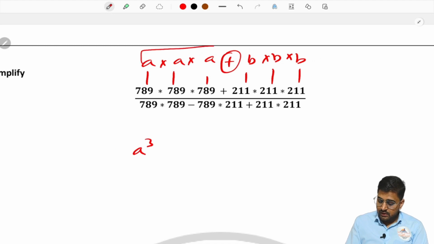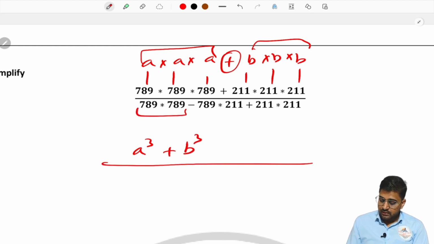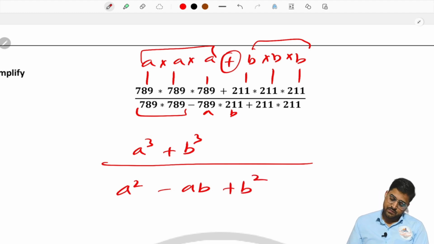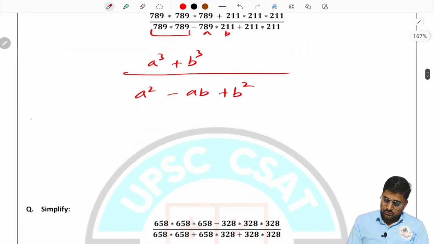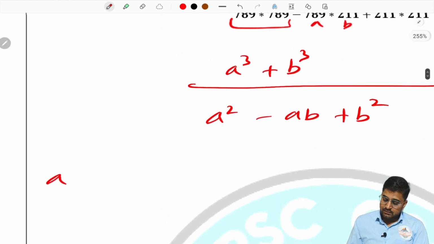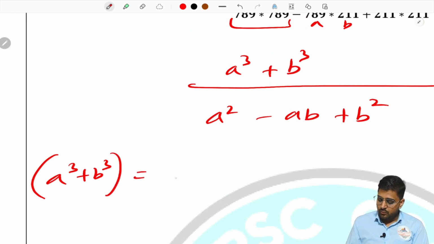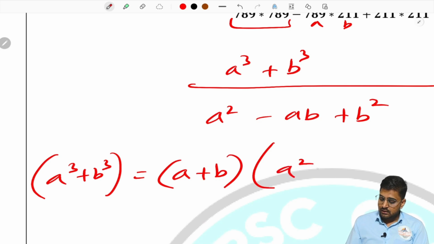See, it becomes A cube and B cube, and in the denominator there is A square, A into B, and B square. The identity is: A cube plus B cube, when you open it, becomes A plus B times A square minus AB plus B square.